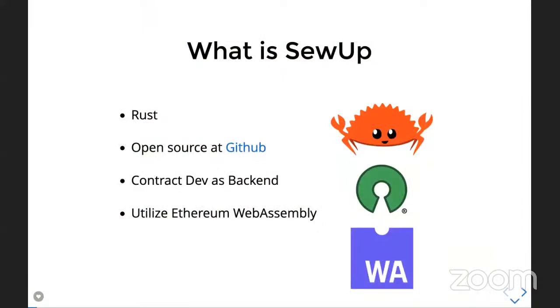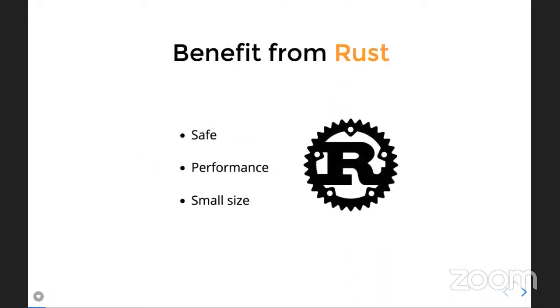Sewup is a Rust project. It's open source on GitHub, and it tries to help developers build contracts just like a normal web backend. This framework utilizes Ethereum WebAssembly. Why do we want to do this? Because we can benefit from Rust.